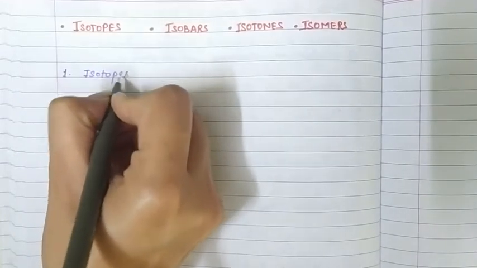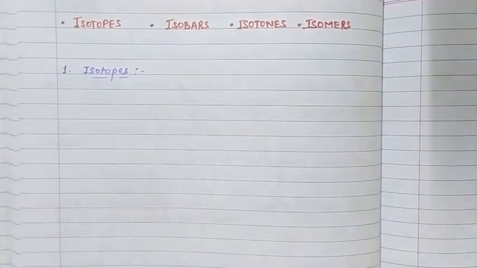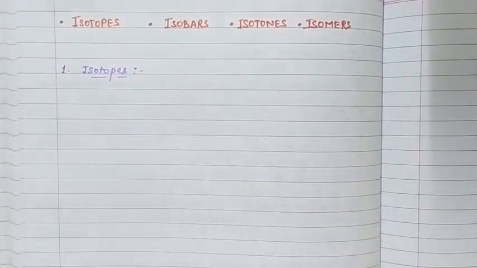Isotopes are of the same element. These are the atoms of an element with the same atomic number. Since they are of the same element, they all have the same atomic number, but the difference is their mass number is not the same.